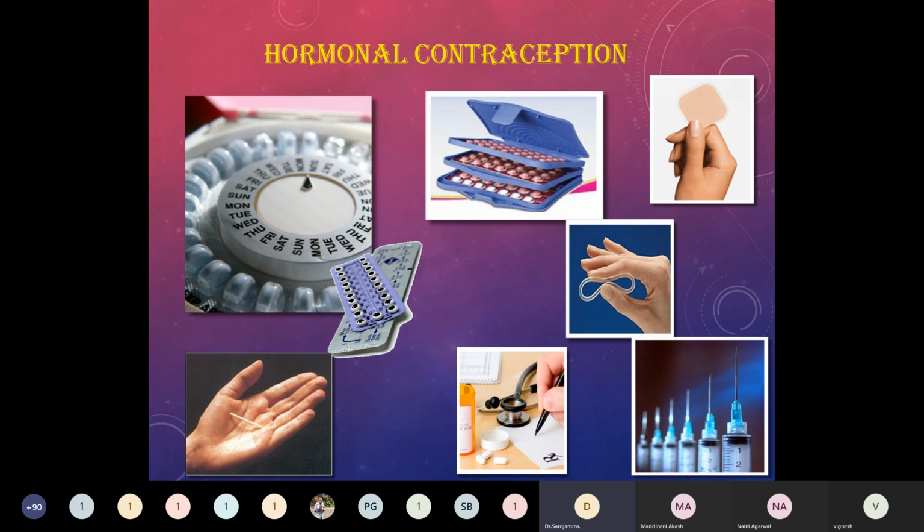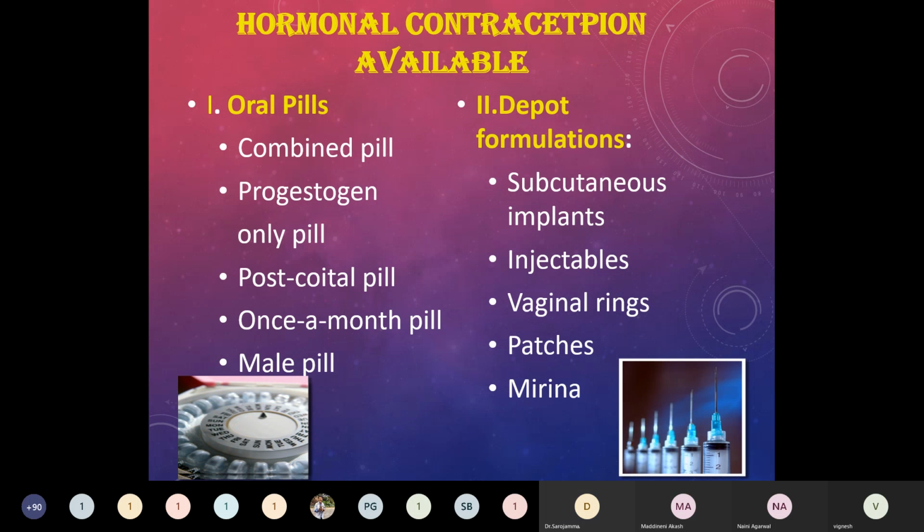In this slide you can see many types of hormonal preparations which are used for contraceptive purposes. These can be used as oral pills, which is the most commonly used one and popularly known as the pill.